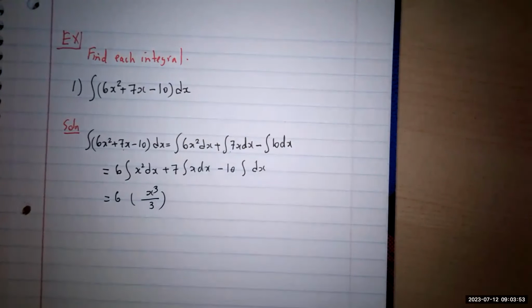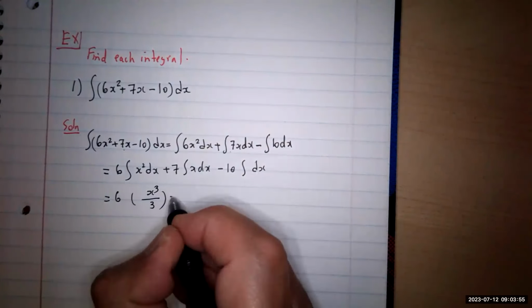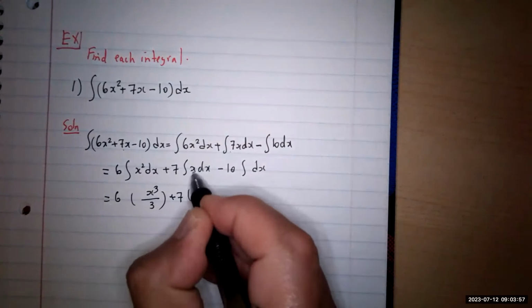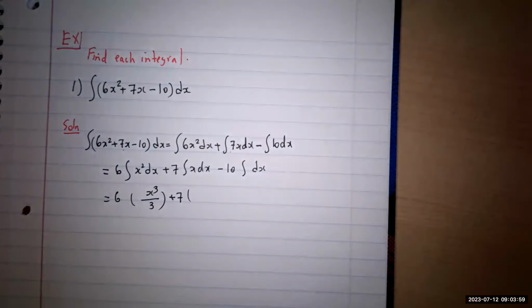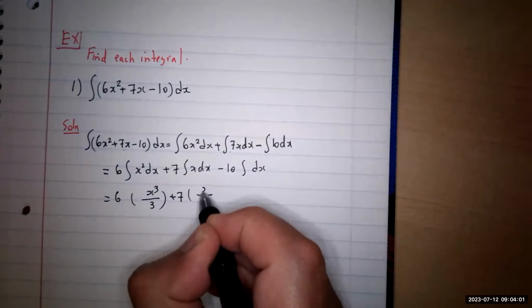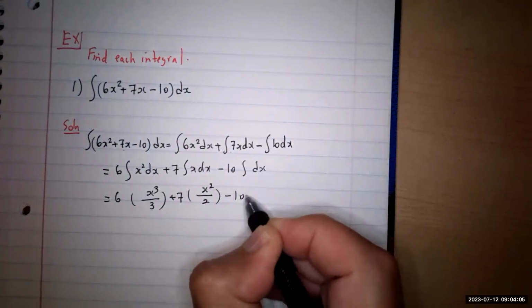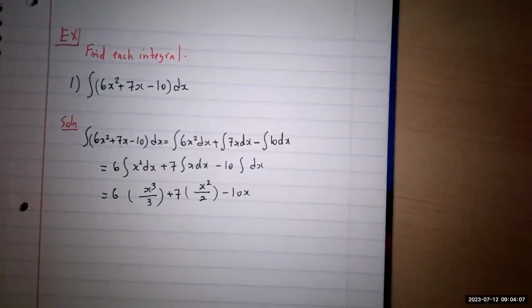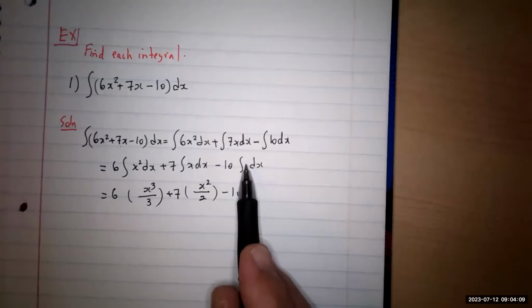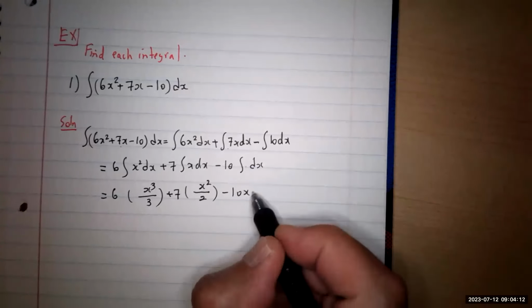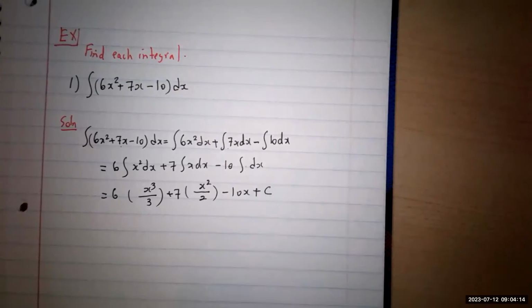That's the first one. Plus 7, move up the power. This x to the first power would be x to the second power over 2. Minus 10 integral of dx is 10x. Remember, because there is a 1 here. But make sure you add the constant c at the end.